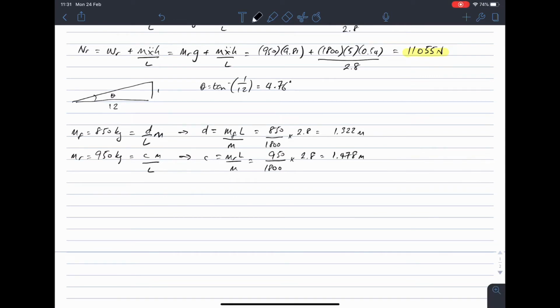Clearly the alternative way of working out what C is, is to take the wheelbase and subtract D from it. It's the same thing. Okay. So just to add it together. Okay, so they're the wheelbase lengths.